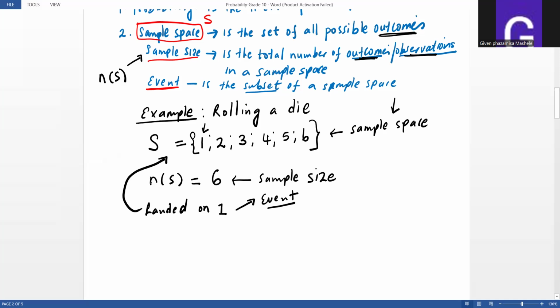For a die to land on 4, landing on 5, this is just an event. Like, as a different example, say raining tomorrow.